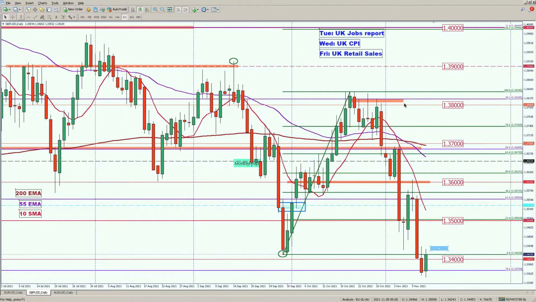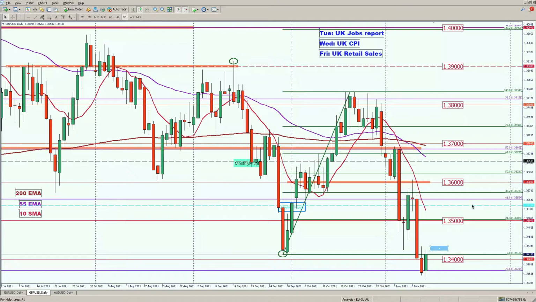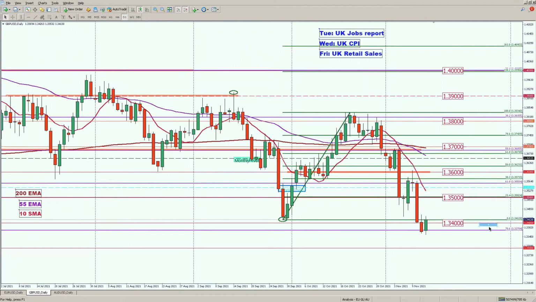So definitely a lot of resistance zones up here. Let's clear some of these first. 136 was a strong resistance. And the next possible target will be the 133 round figure.